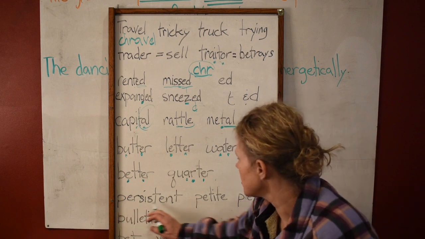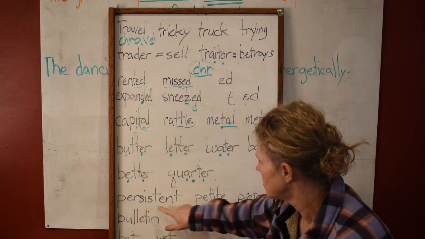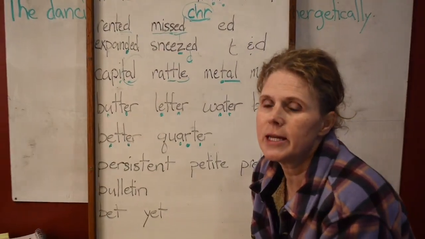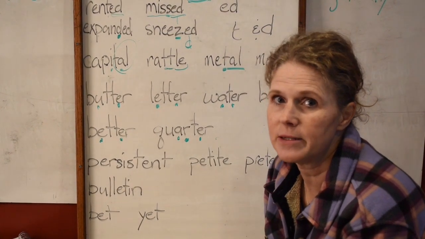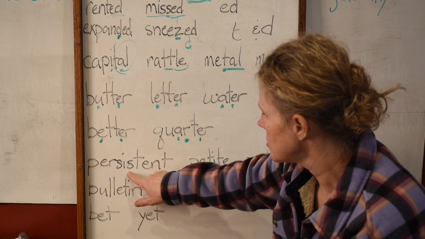Here are some words where it's not forcing the sound at all. Persistent. It doesn't even help us say "persisdent," you have to force it. And see, there are not two vowels in between.